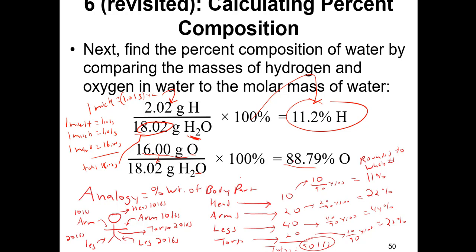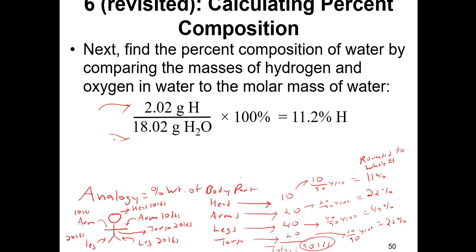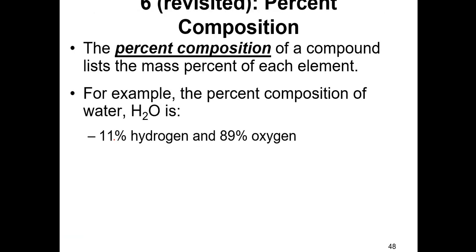For this class, I always have you round it to a whole number. So realistically, this should have been 11% hydrogen and then 89% oxygen. You know you did this correctly if the total is roughly going to be equal to 100%. Now I wrote my little comments about how to calculate each of these because I put it on the previous slide.